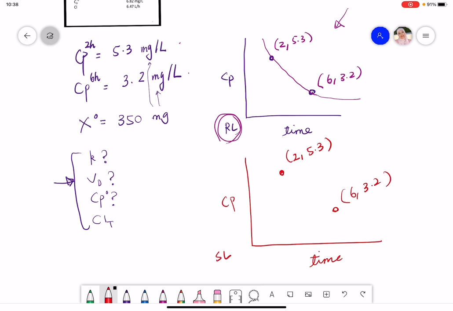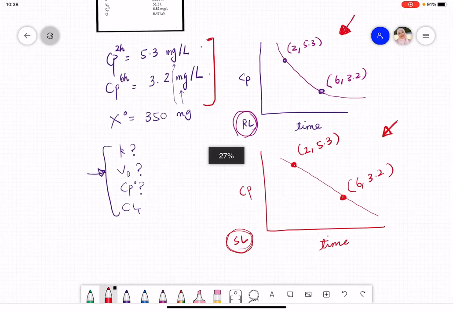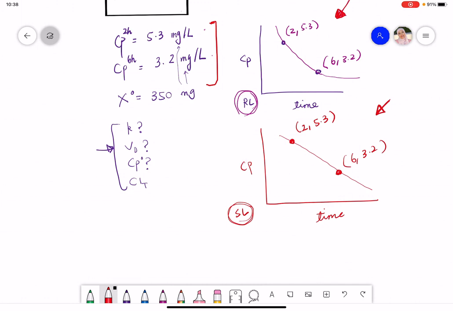The same numbers, because it's semilog, so only the graph is changing, not the numbers that we are graphing, but it will show a linear profile. So I may ask you the question as a rectilinear profile like this, or in a semilog profile like this, or just giving you the information in the question. So let's start with K. What we need to do to determine K?